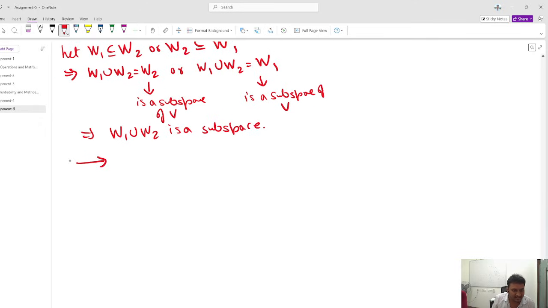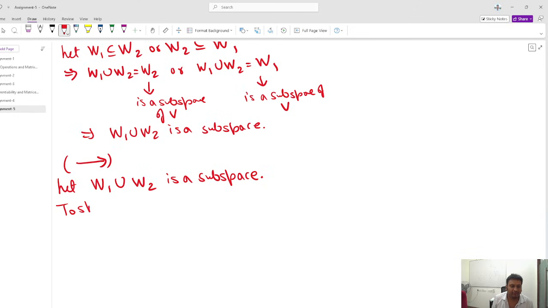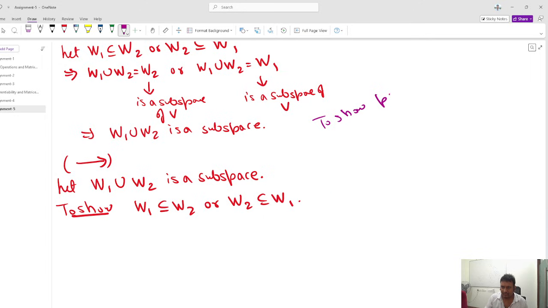So what is the forward part? Let W1 union W2 be a subspace. To show what? W1 is contained in W2 or W2 is contained in W1. Guys, listen to one thing. Whenever you have to show P or Q, the strategy, the logic is: let P be true, assume this is true, okay, done.